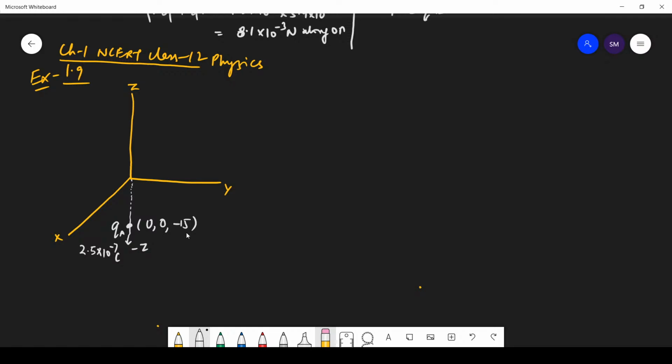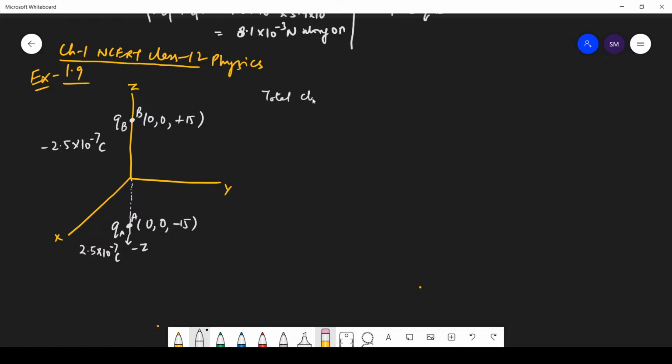Now B is located at (0, 0, plus 15). That's where QB is located, at point B, and QB is equal to minus 2.5 × 10⁻⁷ coulombs. Now we need to find the total charge and electric dipole moment of the system.